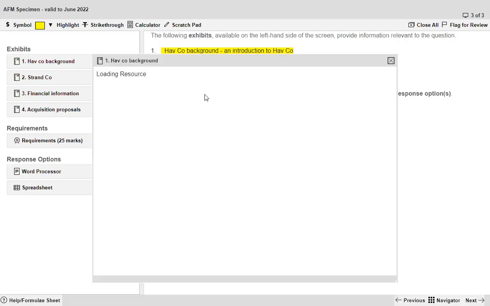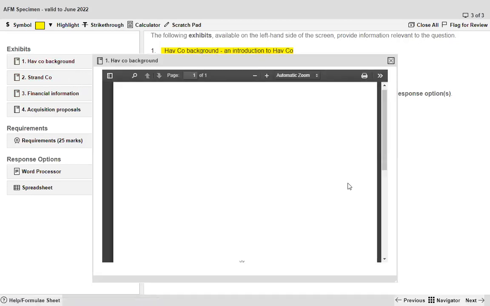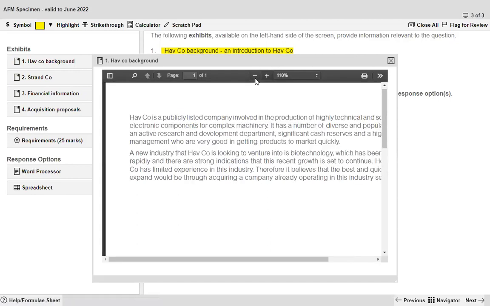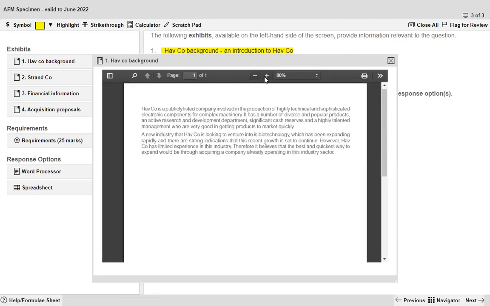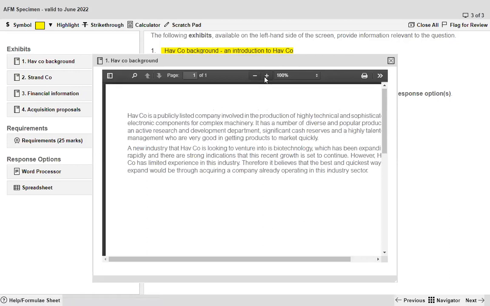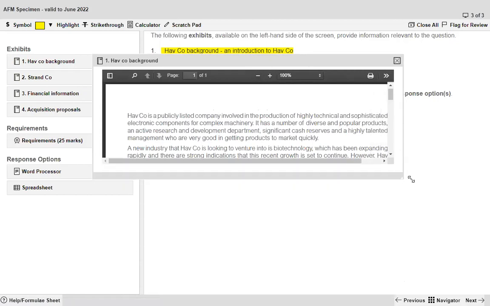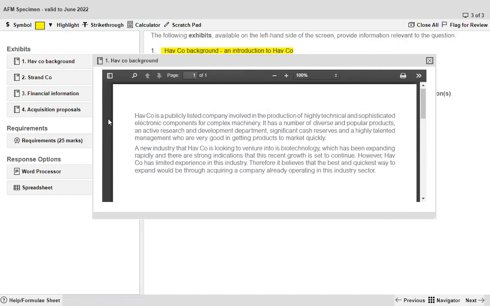Now, what is the background information about Hav company? Let's just see. It says Hav company is a publicly listed company involved in the production of highly technical and sophisticated electronic components for complex machinery.